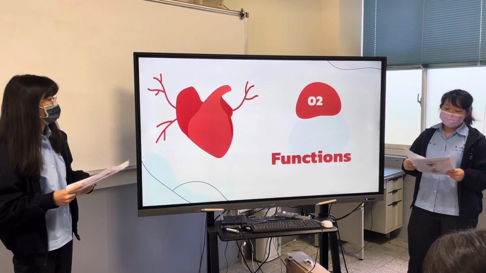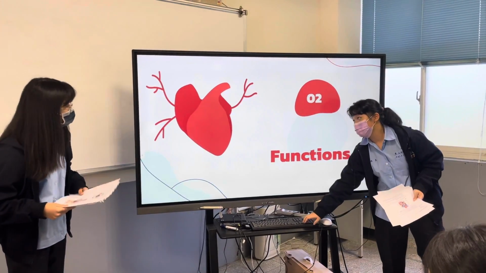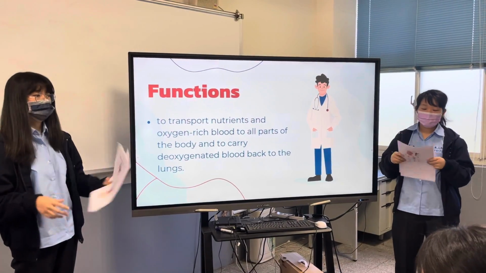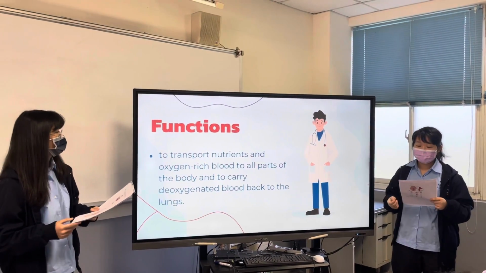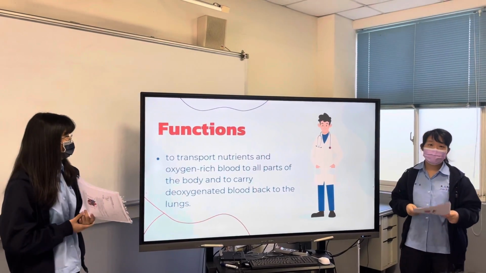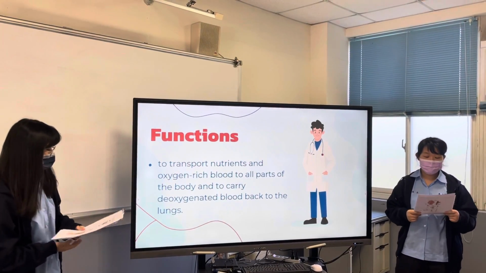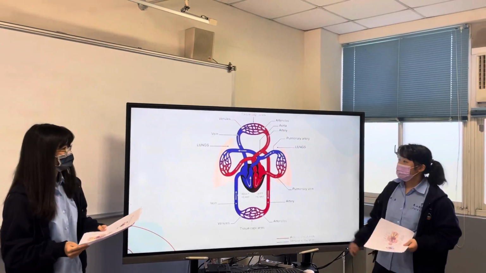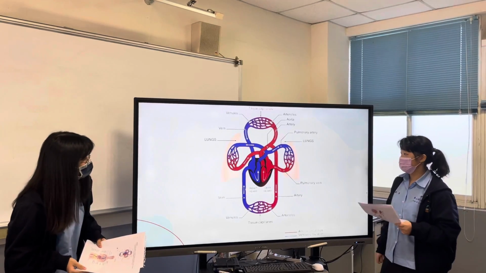Second part, we are going to introduce the functions of the cardiovascular system. Its primary function is to transport nutrients and oxygen-rich blood to all parts of our body, and to carry the deoxygenated blood back to the lungs. This is the cycle of our cardiovascular system.